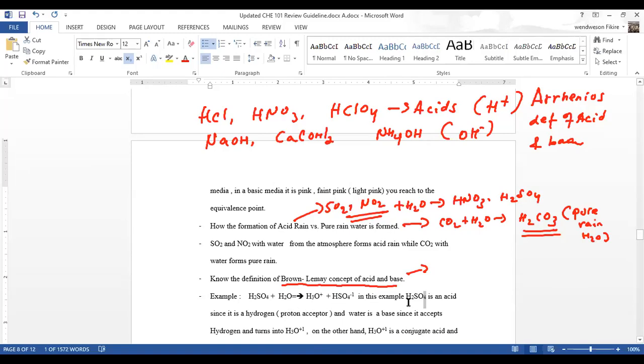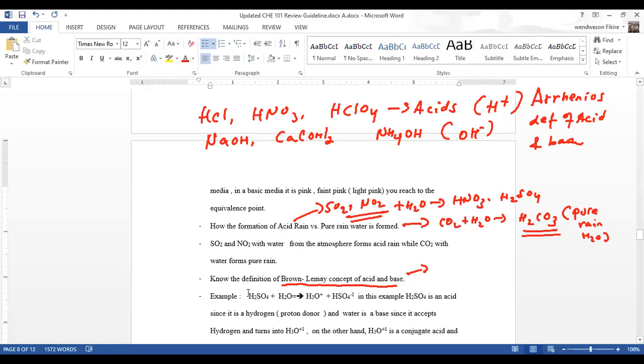In this example, sulfuric acid is an acid according to Bronsted-Lowry because it is a proton acceptor. No, sorry, a proton donor, it should be donor, not acceptor. I don't know why I said that.